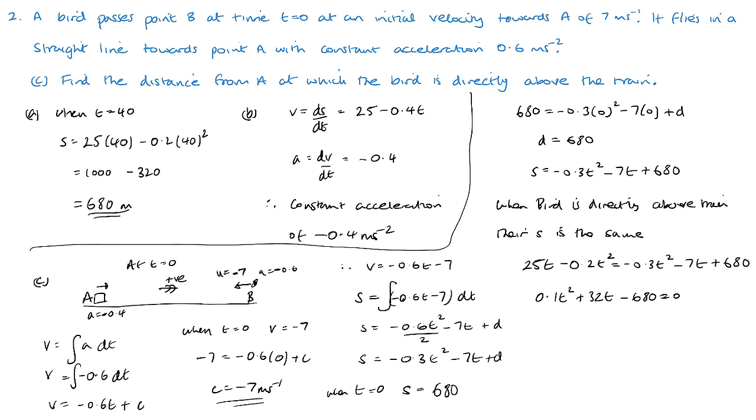Okay, so times by 10, t squared plus 320t minus 6,800. Obviously you don't need to, you could just use your calculator and work your way backwards from here. So we got t minus 20 and t plus 340 equals 0. So I use my calculator at this point.